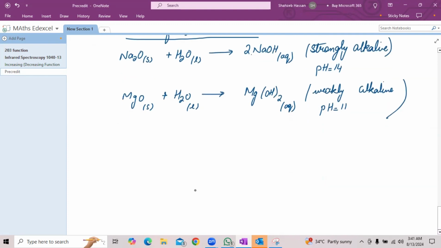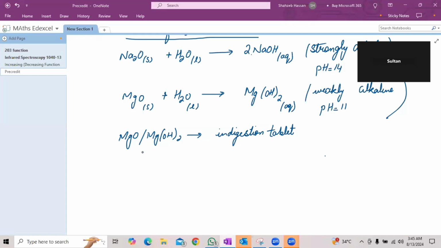Now, there is an important use for magnesium oxide and magnesium hydroxide: they are basically used in indigestion tablets. You might have seen the tablets which are used to remove acidity.